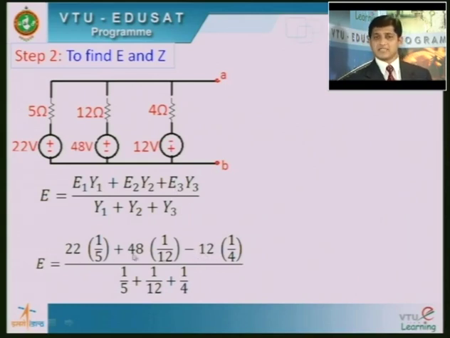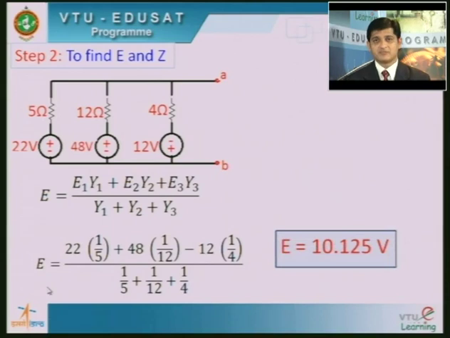When you calculate, E happens to be 10.125 volts. Get this point? So E is 10.125, which we have obtained from this particular equation.